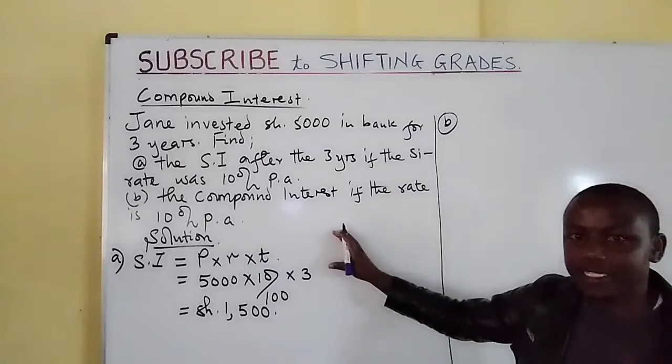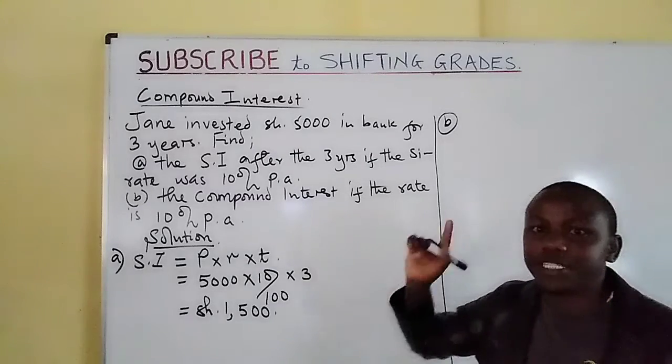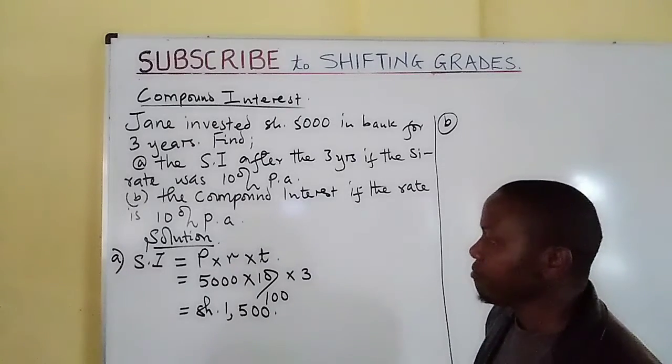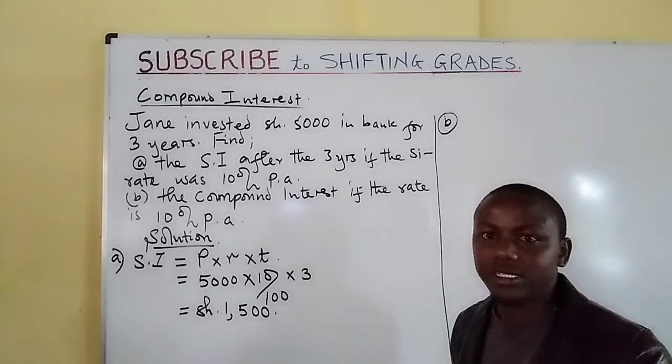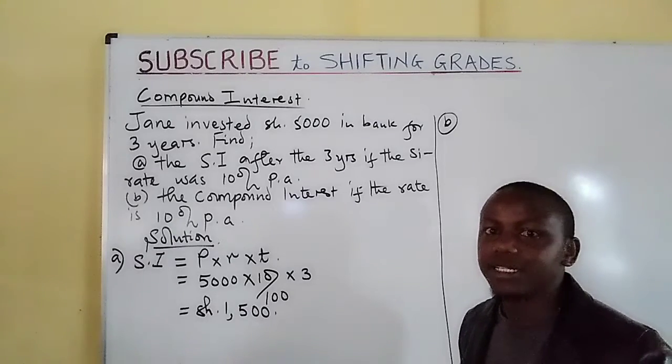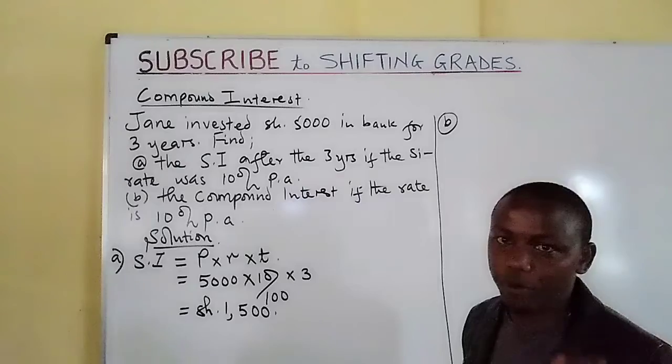In the first case, where we are talking of simple interest, it is a case where the interest charged or earned on the principal depends strictly on the principal alone.